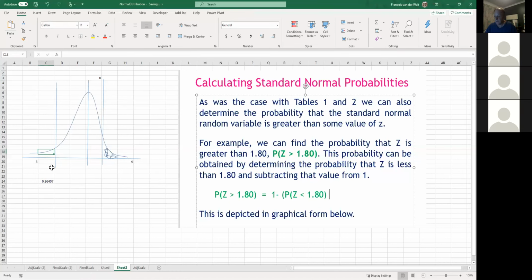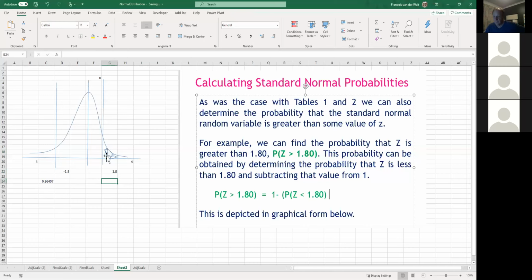If this is minus 1.8 and that's 1.8, this area here will be the same as that area there.